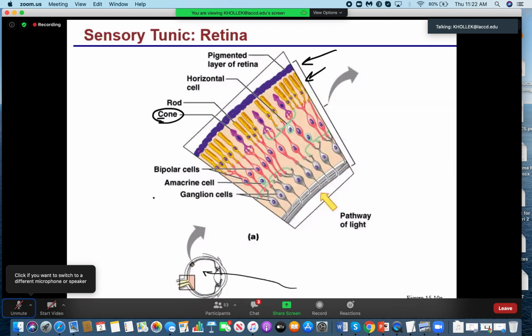Anyway, so what's happening in here? Again, once the light is picked up by the photoreceptors, they release their neurotransmitters right here, and the neurotransmitters communicate with bipolar cells, which you can see in the red color right over here.